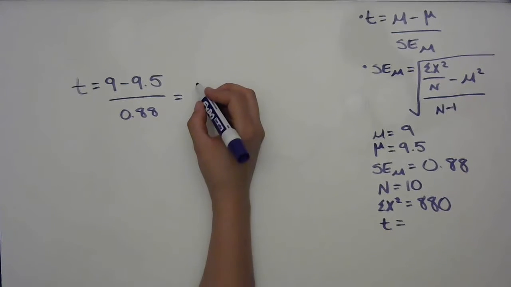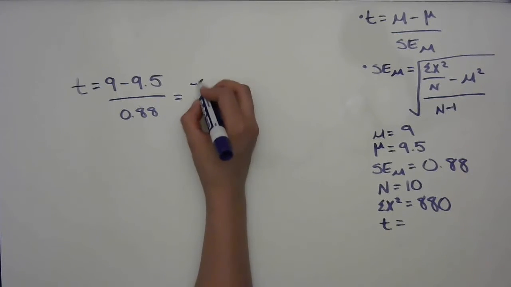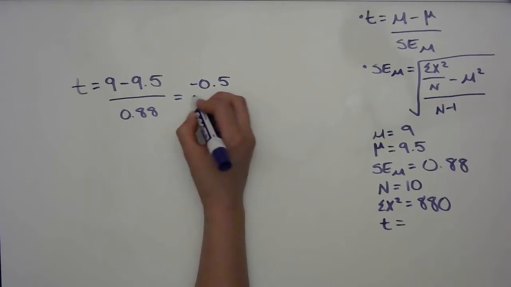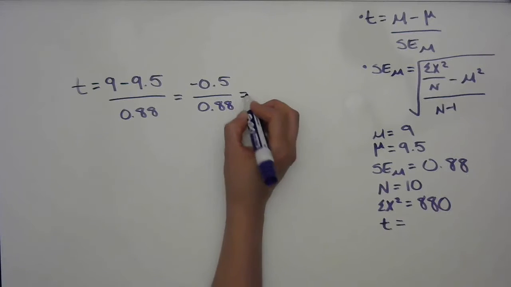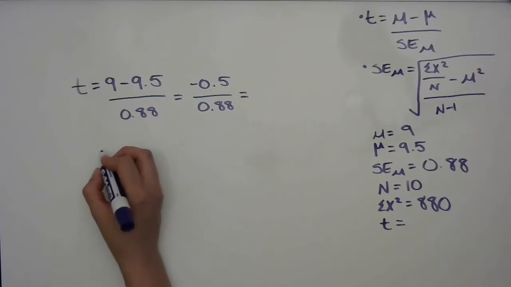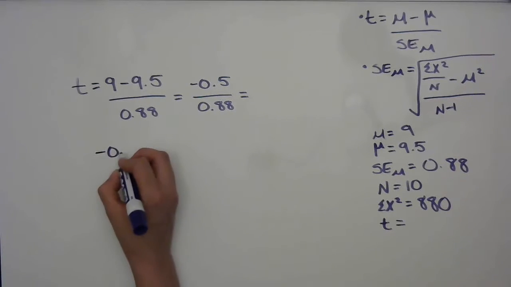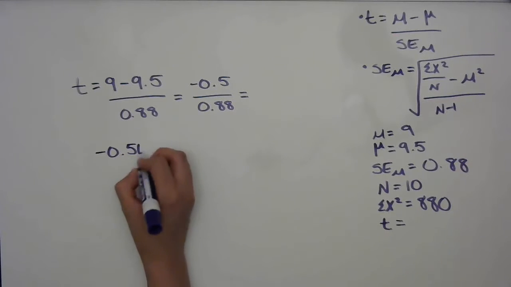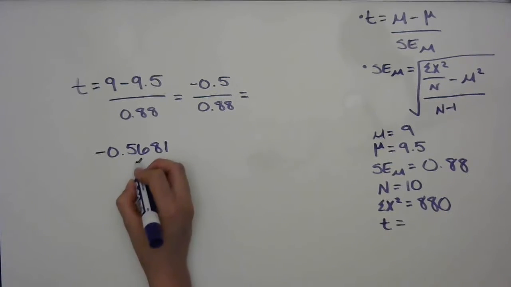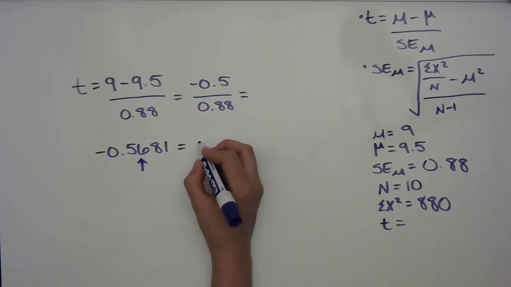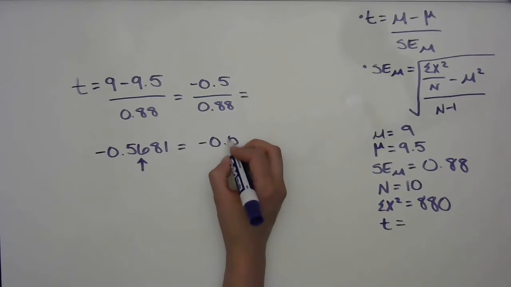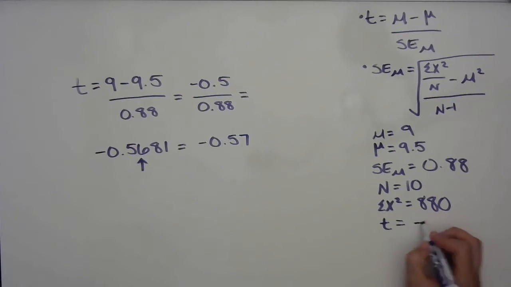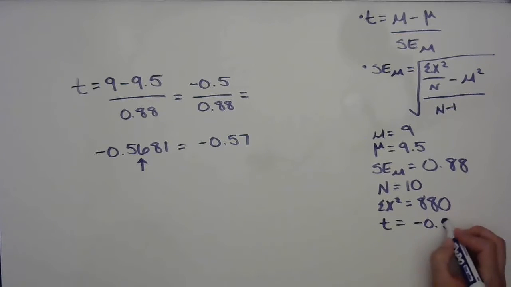So 9 minus 9.5 is a negative 0.5, divided by 0.88. Then you divide that out, and that is going to give you a negative 0.5681. And then we need to round. So our t value is going to be negative 0.57.